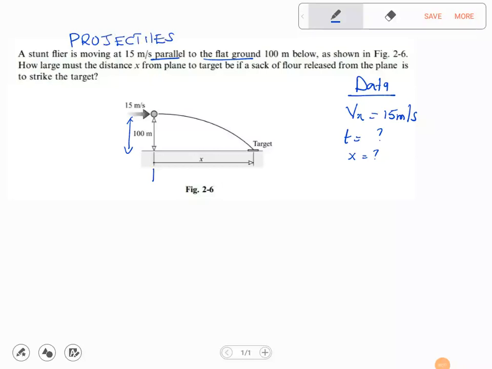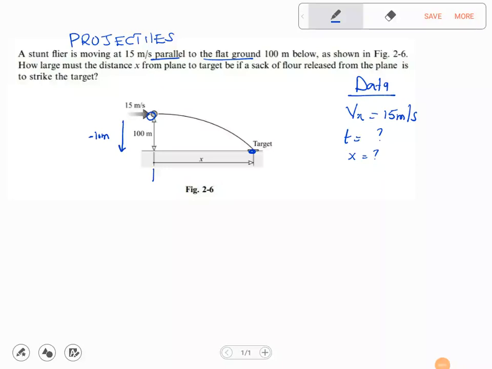Now remember, if this has to come down there, it means it will move in the opposite direction of the distance. Do you agree? Remember that the distance is this. So for this to find itself on the target on the floor, it will move downwards but in the opposite direction. That means it will move in the negative direction of 100 meters. Clear, right?